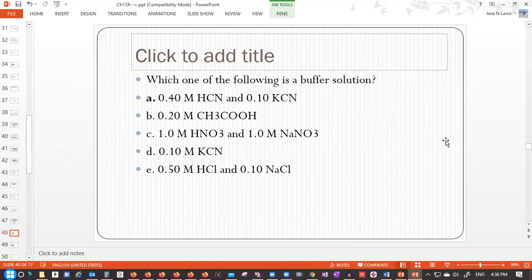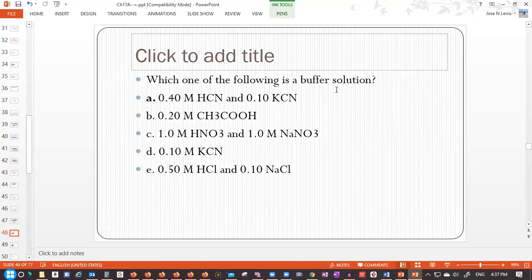Look at this problem. Which one of the following is a buffer solution? We need to check every combination to see if it fulfills the requirement for a buffer solution. Let's analyze. First one. We don't care about the numbers, but we want to look if we have the right components.